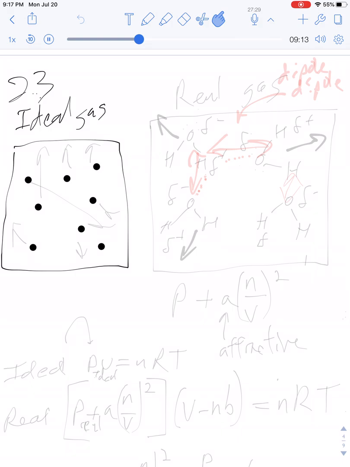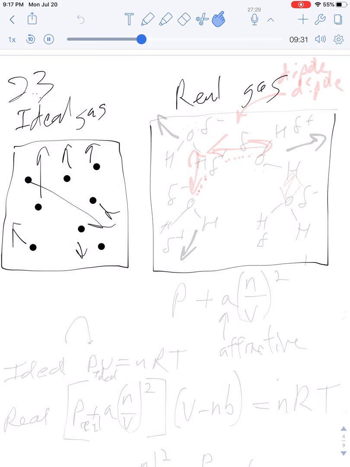So these things are moving about randomly and hitting the sides of the wall randomly, okay? But with a real gas, the gases do have attractive forces. And some gases have stronger attractive forces than others. So I'm going to just take water, because water is one of the most attractive gases.